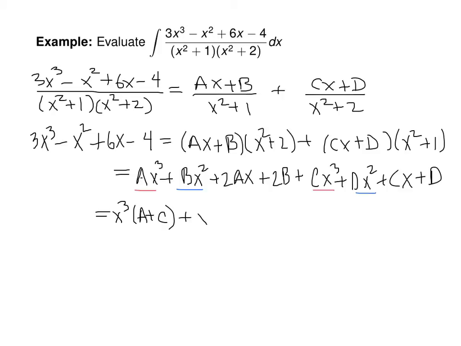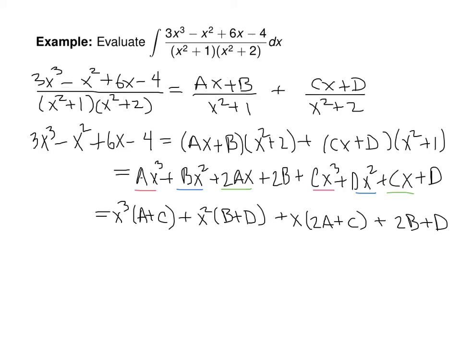So plus x squared times B plus D. And then for the x's, I have this 2Ax and this Cx. So we'll have plus x times 2A plus C. And lastly, for the constants, we have 2B plus D.